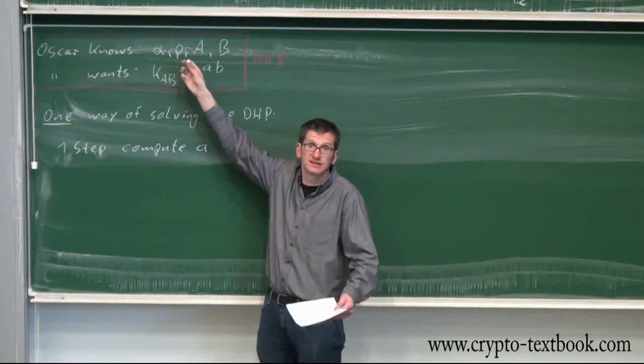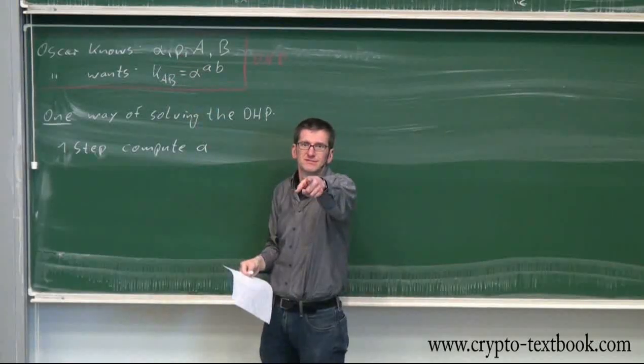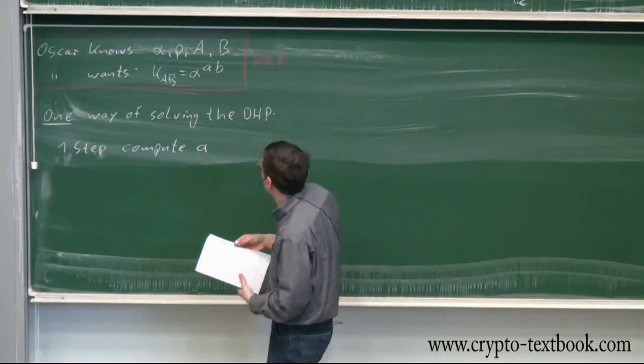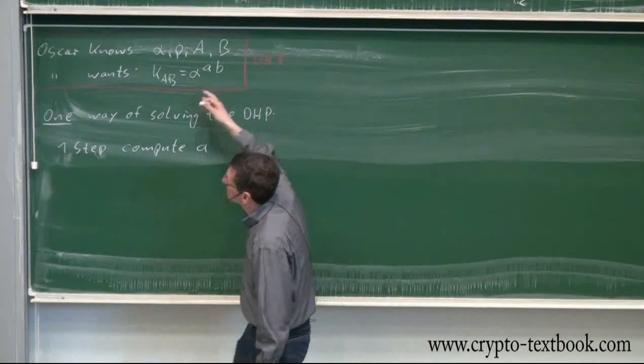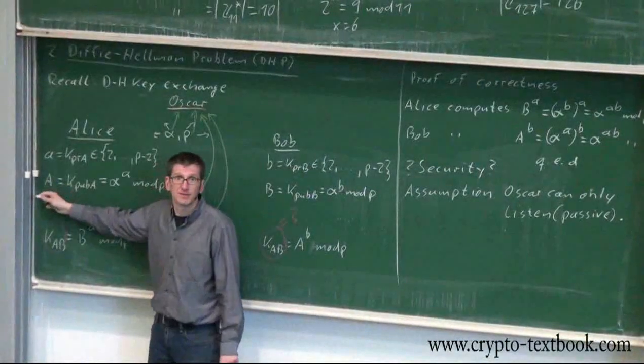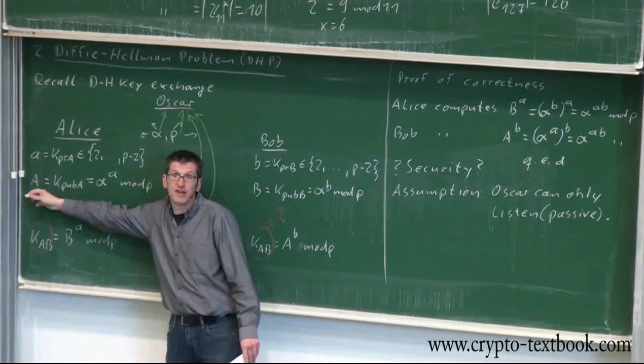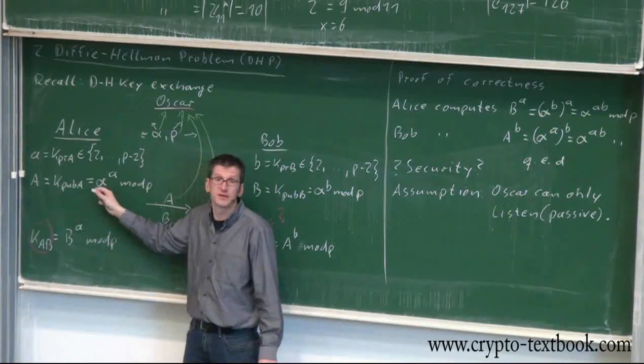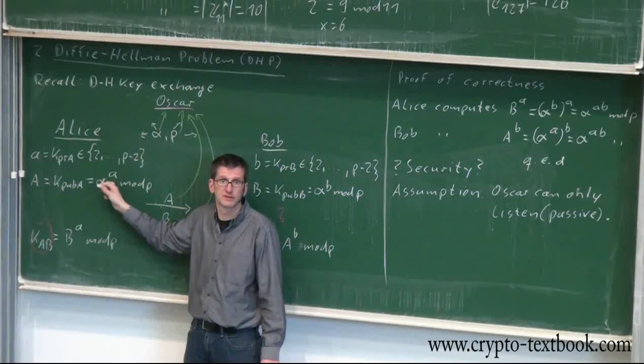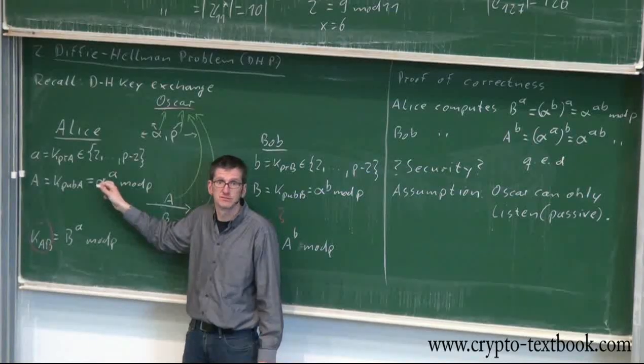Not in P, right? Any ideas? Yeah, big A, exactly. Uppercase A. Uppercase A contains lowercase a. So if we have uppercase A, what do we have to do? What is this operation called to extract the exponent?